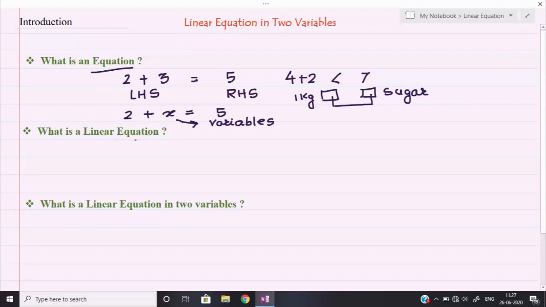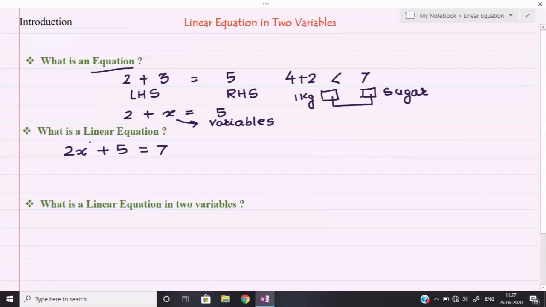See, linear equations are those equations which contain variables, but that variable's power is always 1. I will give you an example. Suppose I write down here one equation, 2x plus 5 is equal to 7. Okay, now observe the power of x.